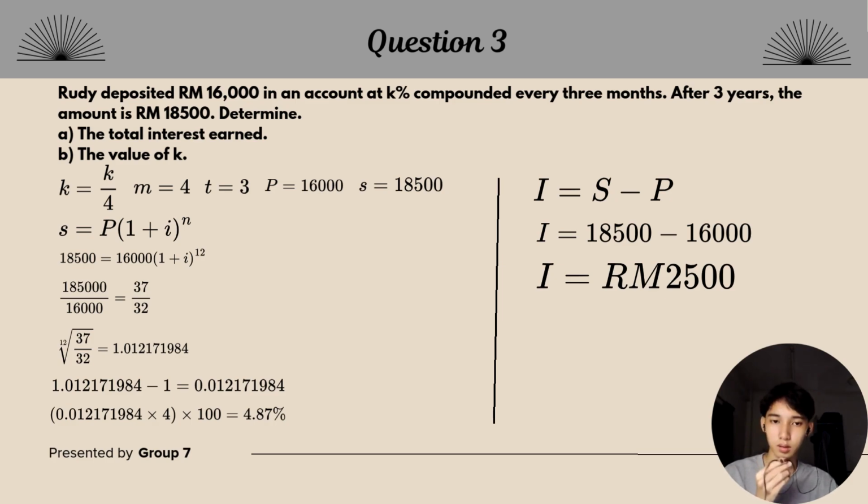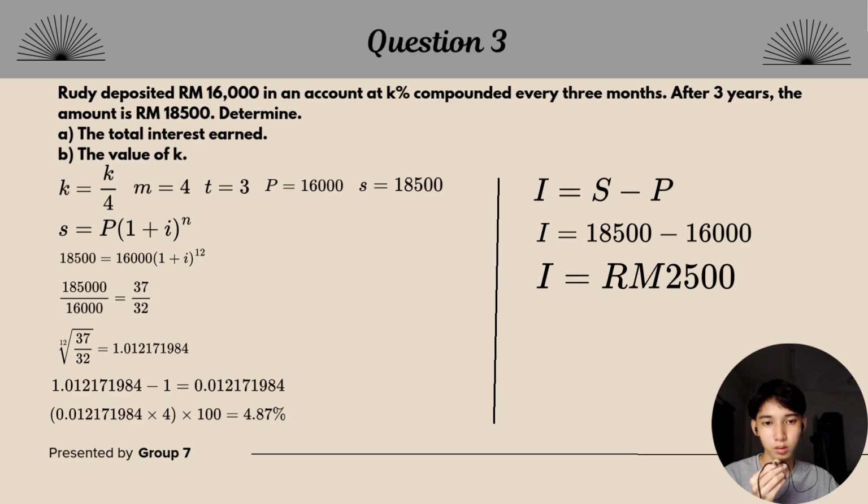So first, if we want to solve question A, we need to know the formula first. The formula is I equals S minus P, because the question wants the total interest earned.